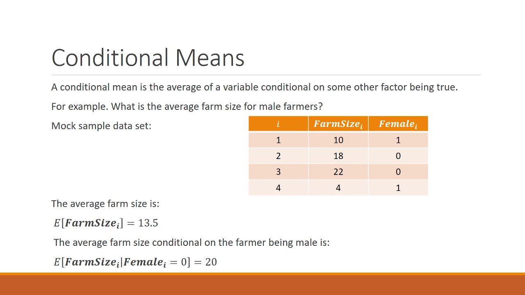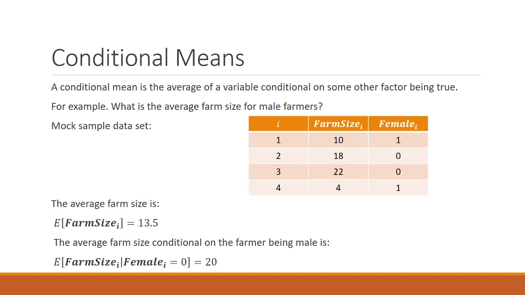If I ask, how much more land do male farmers have than female farmers? I'd calculate the conditional mean of farm size, conditional on being male, and the conditional mean, conditional on being female, and then I'd subtract. And that will tell me the difference.